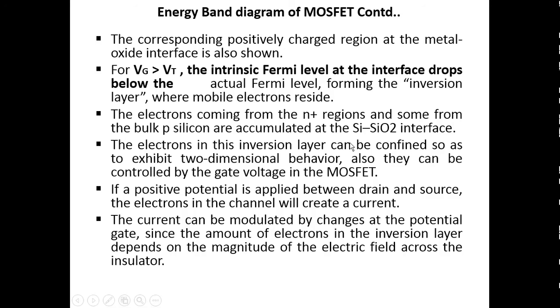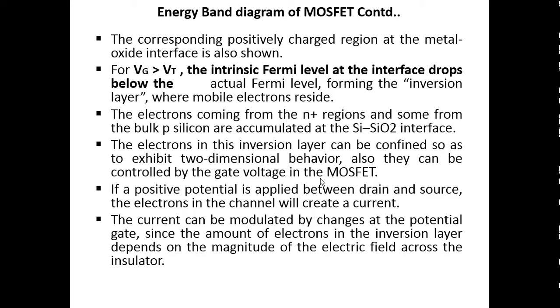And at the interface of these two materials, when these materials are joined together, what happens? The electrons coming from the heavily doped N region, that is from the source, and some of the electrons from the bulk P region are accumulated in the inversion layer at the interface between the silicon oxide and the silicon substrate.